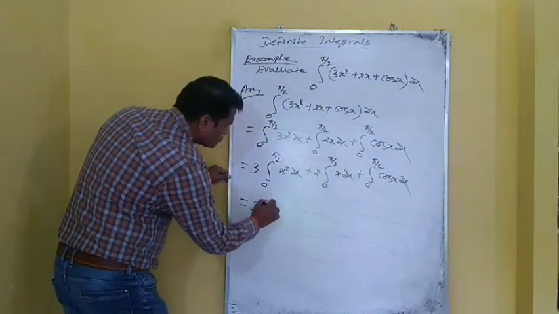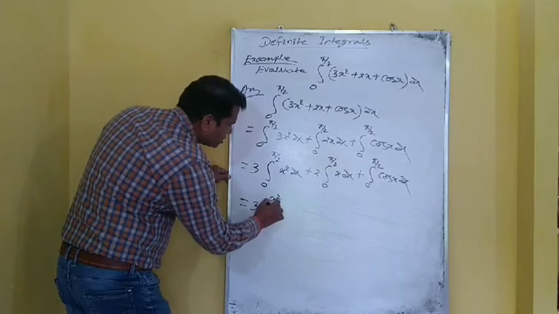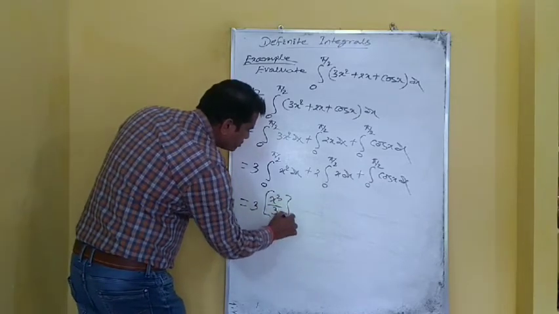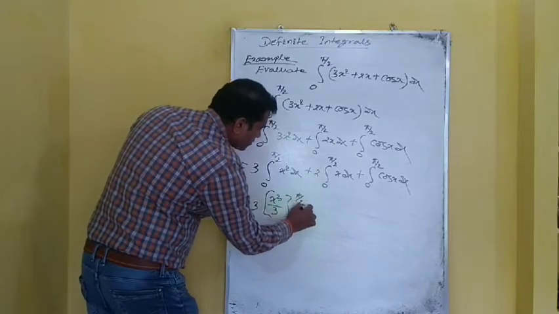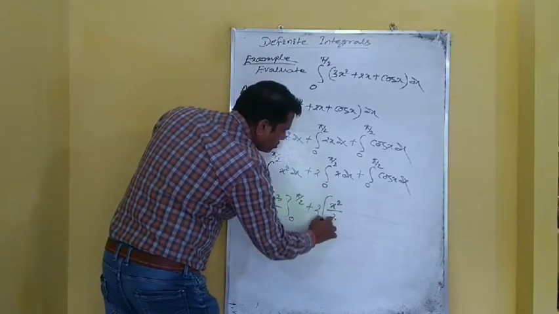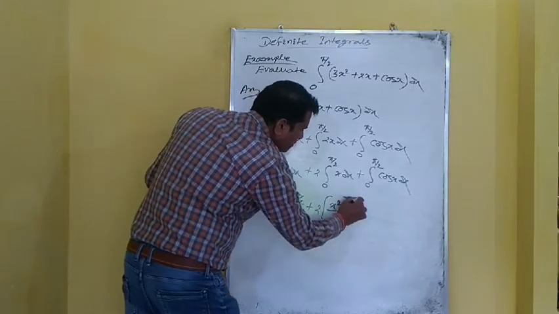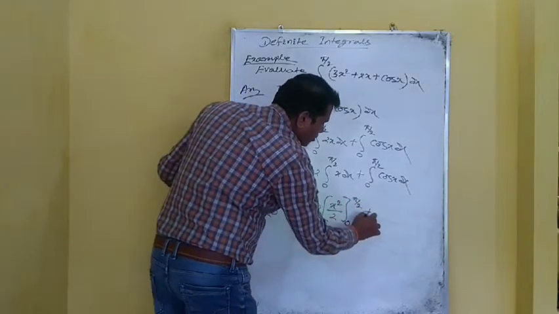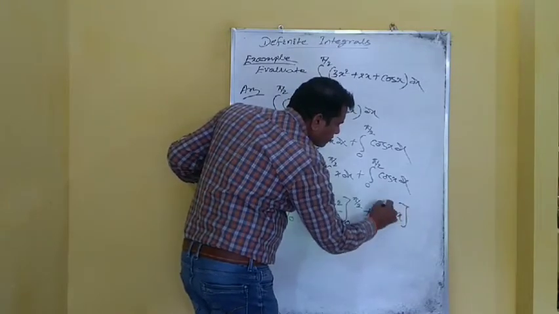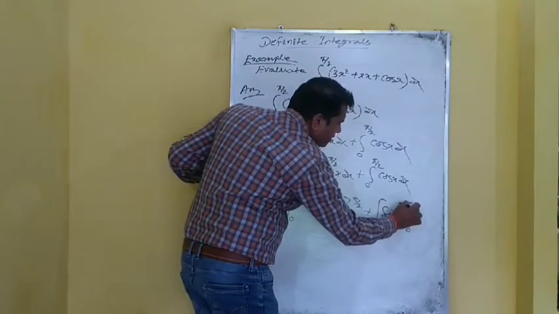The integration of x square is x cube by 3 from 0 to pi by 2, plus 2 times x square by 2 from 0 to pi by 2, plus sin x from 0 to pi by 2.